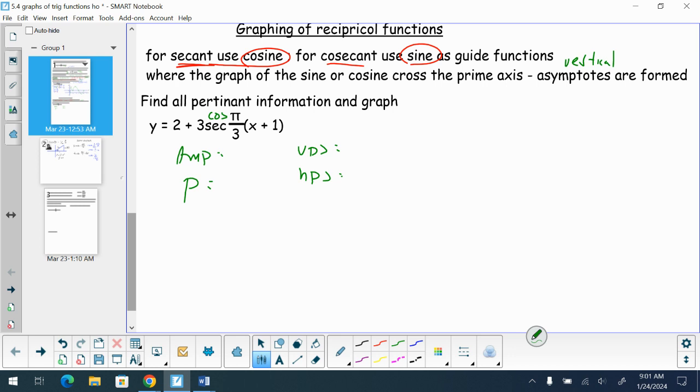Alex Cross, amplitude, period. 3 and 6. 3 here and 6 here. Taking 2 pi divided by pi over 3, you get a value of 6 again.